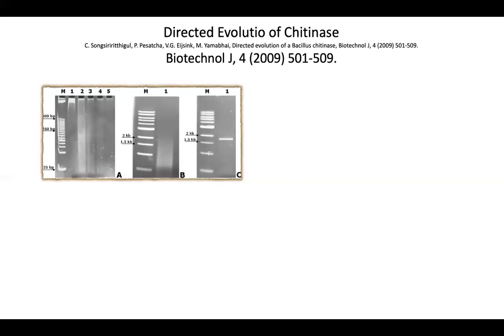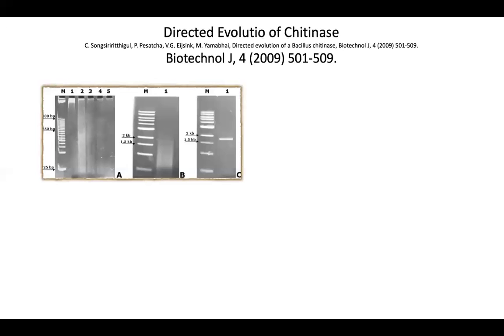It is the second most abundant carbohydrate biopolymer, second to cellulose. You know, carbohydrate is made of sugar, right? The most abundant biopolymer carbohydrate is cellulose, making trees, plants, right? And the second most abundant polymer is chitin.